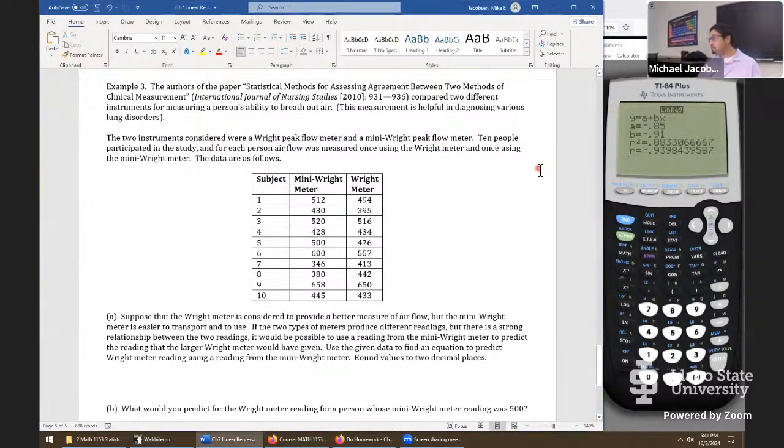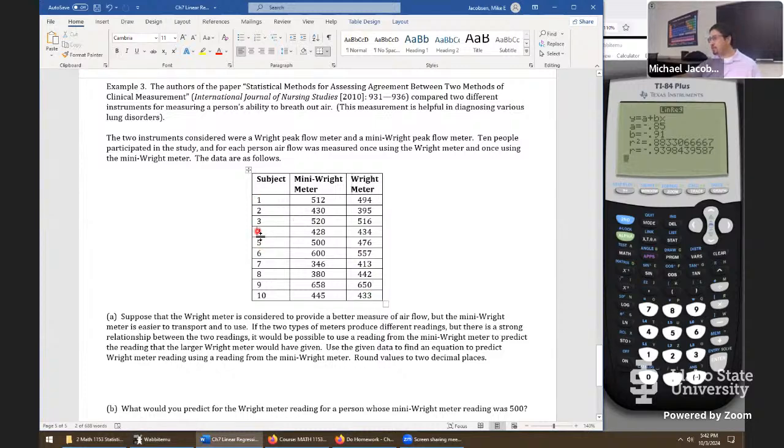They go on to say, 10 people participated in the study, and for each person, airflow was measured once using the Wright meter and once using the mini Wright meter. And here's the data that they have. So the mini Wright meter might not be the best one to use. It's a smaller device. The Wright meter here is probably the one you'd be thinking of as the more accurate one. Looking at the data, there is disagreement, right?